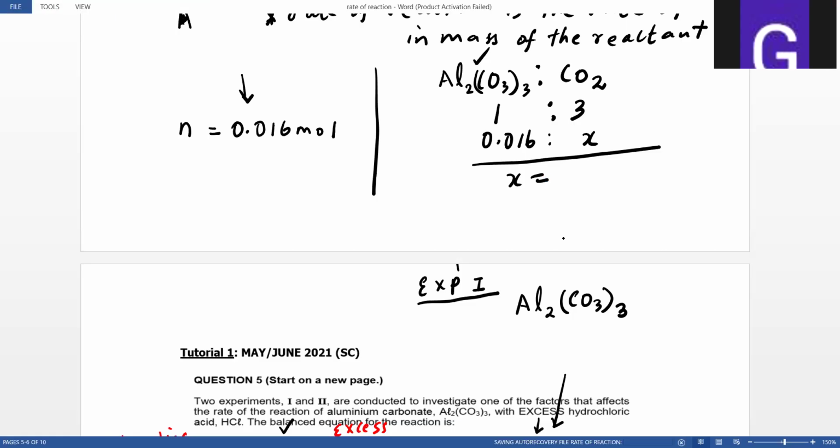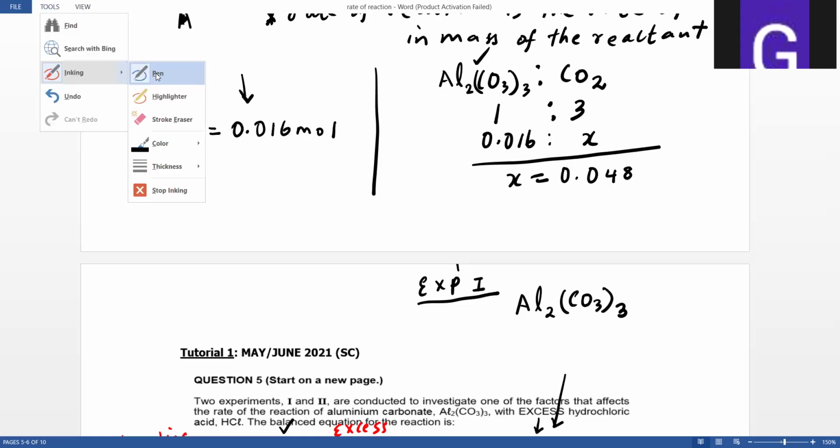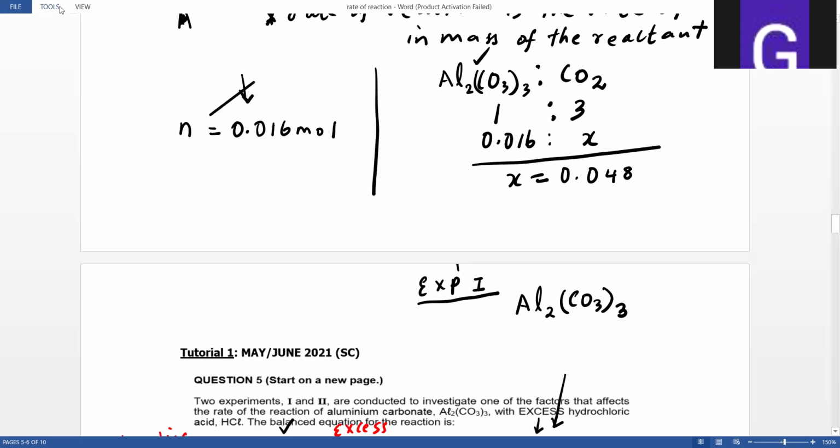It means the carbon dioxide will have the number of mole of 0.048. So which means now we have the information about carbon dioxide. Now we can use it to calculate the maximum mass.